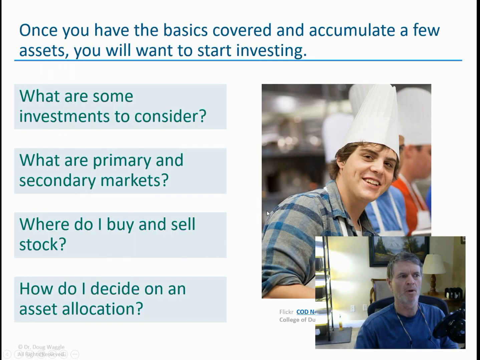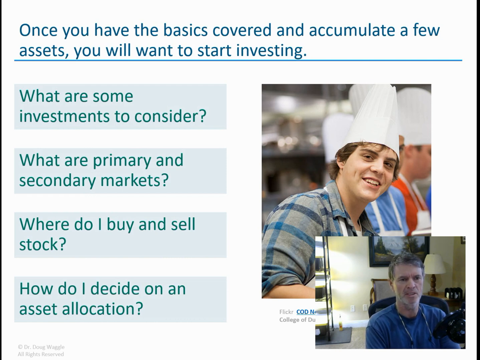So what we'll talk about today are just some basic investment considerations. We're going to introduce a few of the things that we'll be talking about in more detail later on. So we're going to introduce stocks, bonds, mutual funds and ETFs, and then we'll see all of those in more detail in later topics.